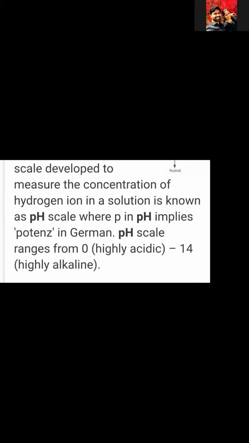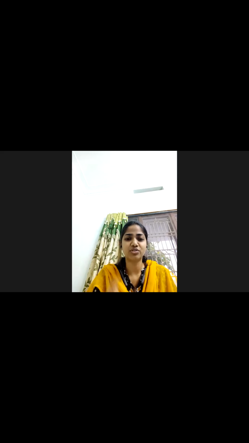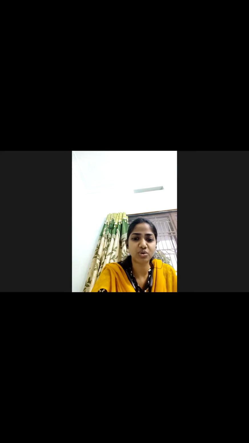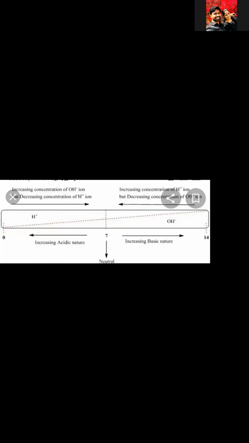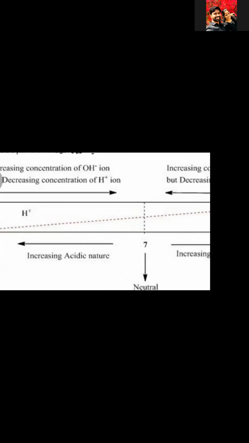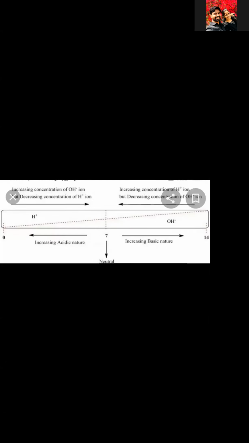Okay, pH scale ranges from 0 to 14. 0 indicates that it is highly acidic and 14 indicates that it is highly basic. Okay, so 0 to 14. Now let me show one more picture. See, 0 to 14.